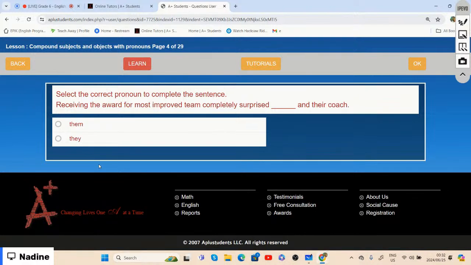All right, we need to select the pronoun. It says receiving the award for most improved team completely surprised them and their coach, or surprised they and their coach.